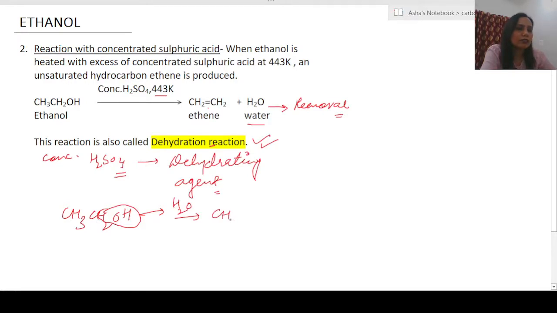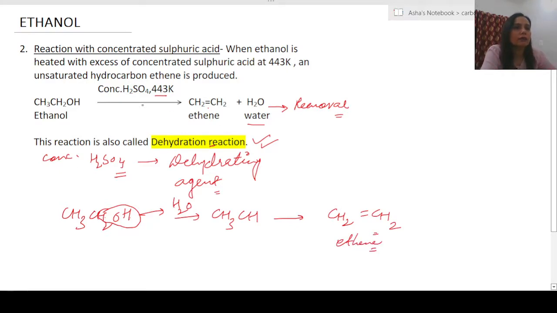What is left? CH3CH. Out of these two, one H will go for the formation of H2O. So here you are having CH3CH, which can also be written as CH2 double bond CH2, that is the ethene.